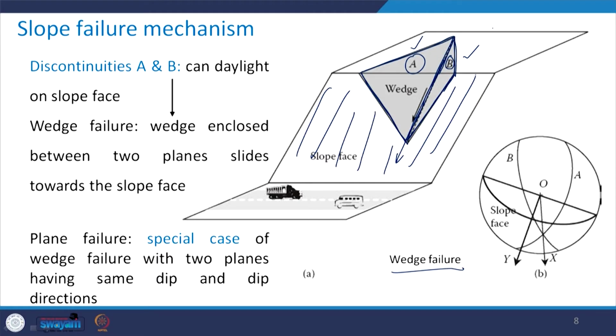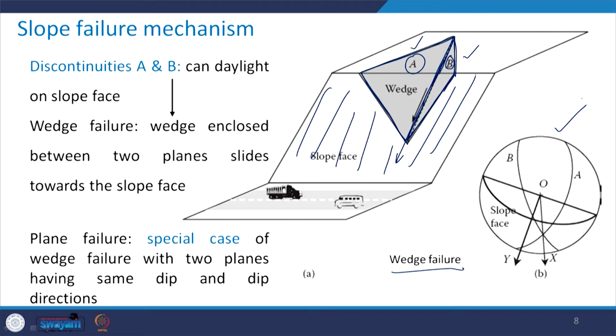Now, the plane failure is a special case of the wedge failure. Let us say that in case of the wedge failure, you have these two planes A and B. Now, let us say that these two planes have the same dip and the same dip direction. Then plane failure will become the special case of the wedge failure. So, let us see how we analyze this. Take a look at this stereo plot that is being shown and connect it with our discussion in the previous class.